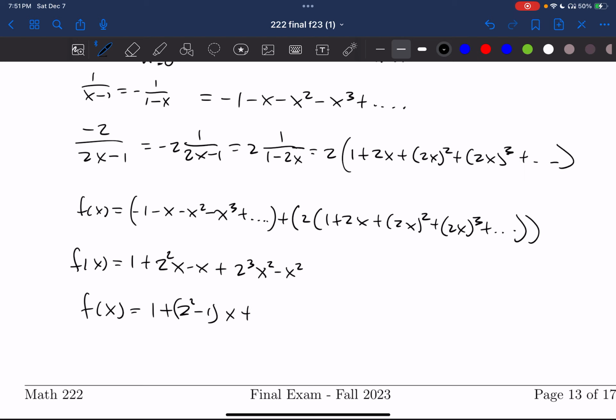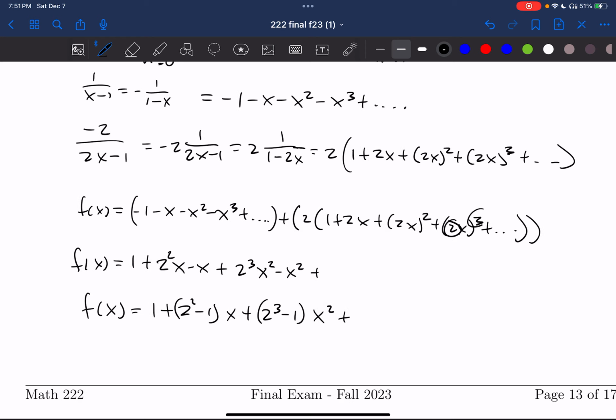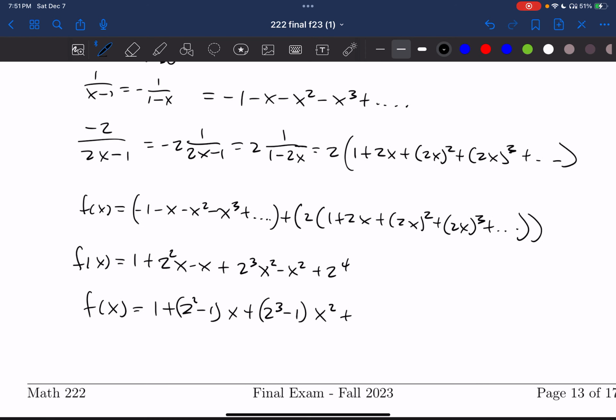So this will be plus 2 to the 3rd power minus 1 x squared, plus, okay, 2 to the 3rd power times another 2, 2 to the fourth power, times x to the third power, minus x to the third power. This would be plus 2 to the fourth power minus 1 times x to the third power.